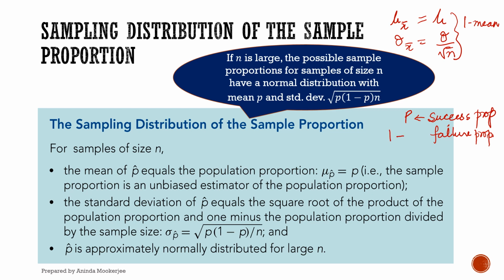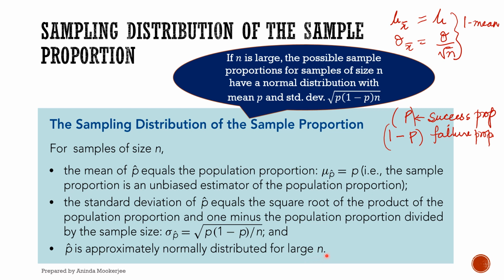So that would be 1 minus P. And in the formula for the standard deviation, it's square root of P times 1 minus P divided by the sample size N.